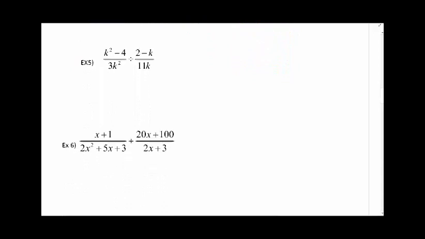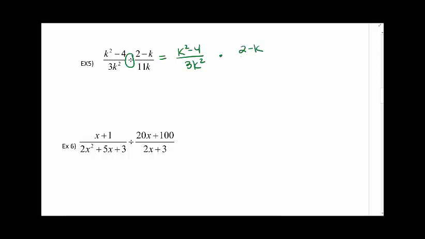So we're going to look at number 5. Number 5 is a division problem. So the first thing we do need to do is rewrite it as a multiplication problem. Some of you will do more than one step at this first step. I'm going to try to just do one step at a time to show. And as I'm talking, I do need to flip that.